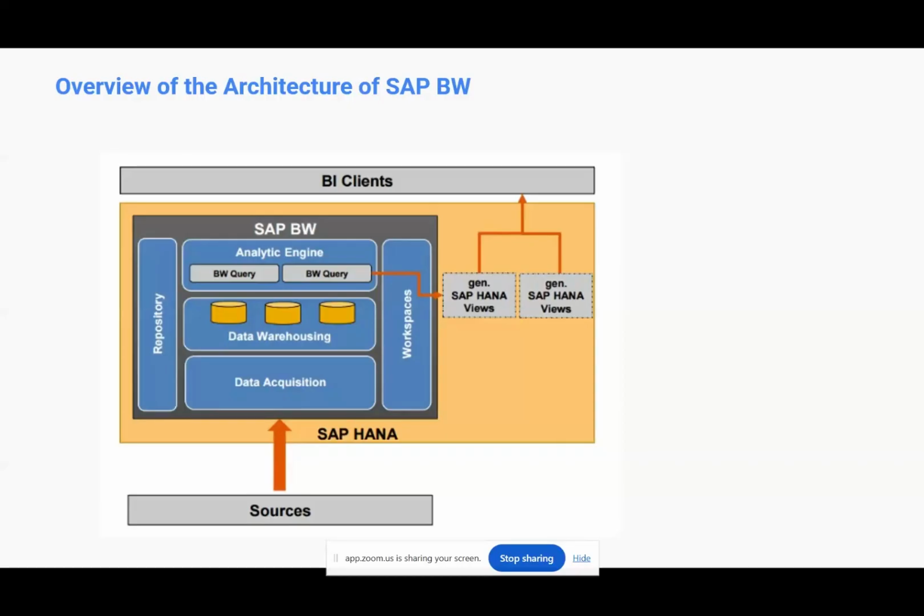Similarly, when it comes to SAP BW and handling of data, it has to be done in an organized way, so it has different layers where you store your data. When you acquire the data from source systems, SAP or non-SAP, you store them in the initial layer of your SAP BW database, which is called the data acquisition layer.